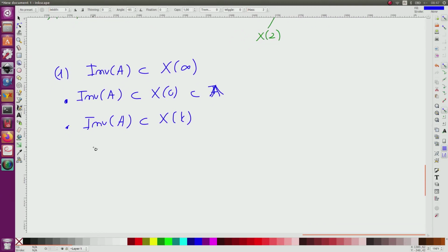So if I have this, it implies that the image f of invariant of A is included in f of xk. So if I intersect by A, here and here, I still have the inclusion.